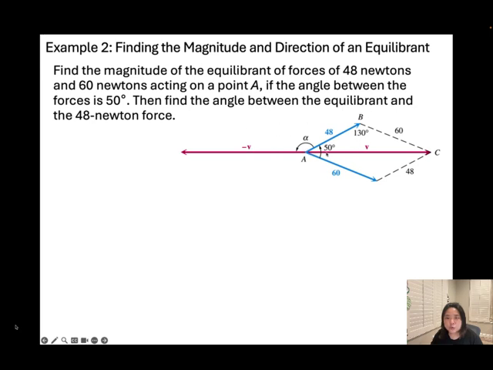So this is V, the resultant force, and the equivalent force will be the opposite, negative V. We want to find the angle between negative V and the 48 Newton force, which is going to be alpha. Okay, we are looking for this angle.